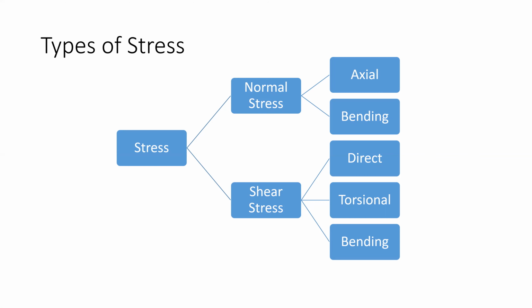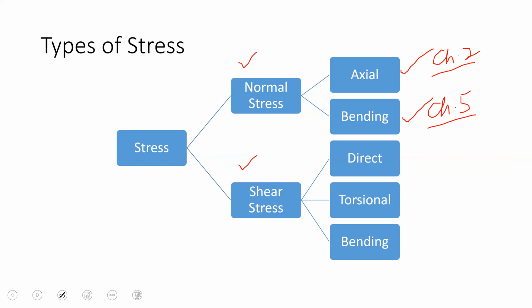There are mainly two types of stresses. One is the normal stress and another one is the shear stress. Further, the normal stress includes the axial stress, that is chapter 2, and the normal bending, that is chapter 5, right?